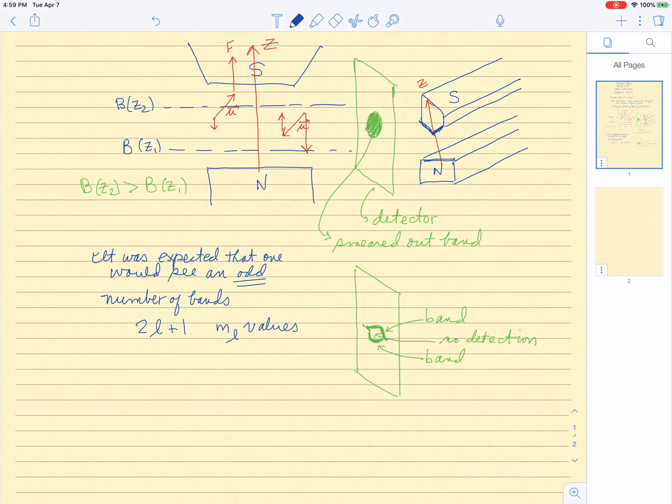But instead, they just saw two bands, just two bands, which clearly is even.